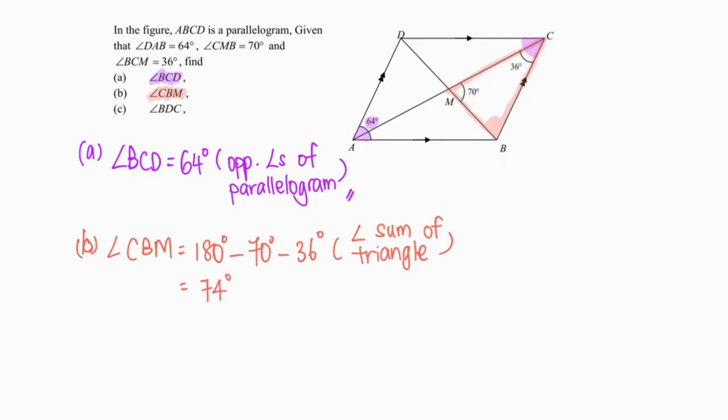And BDC, so now I know this is 74. Now I know the purple color is 64. And I will need to find this angle, BDC. So for this one you just have to look at the whole big triangle.